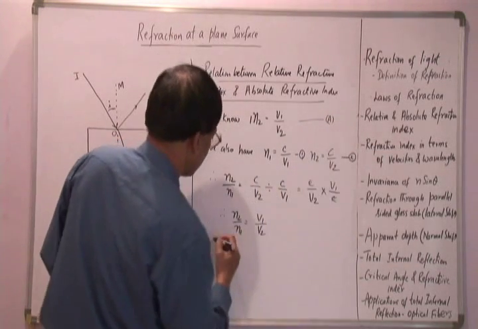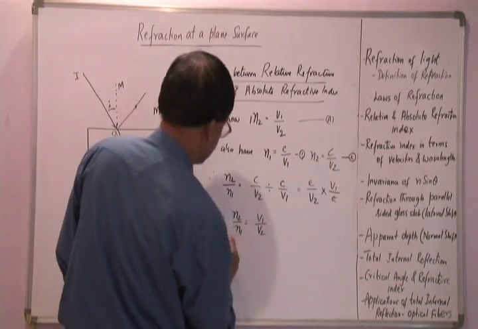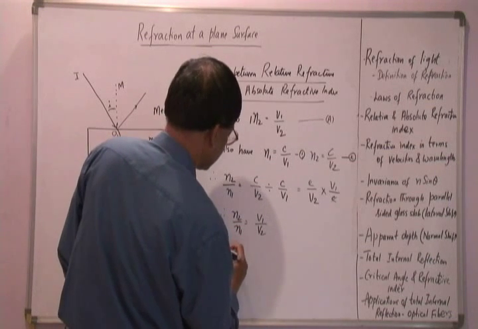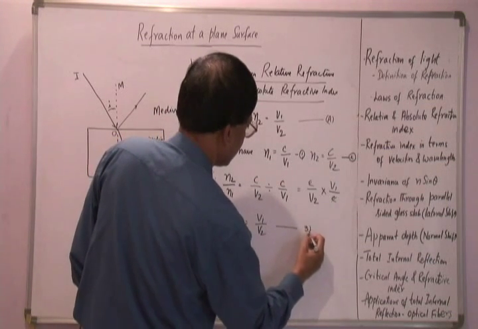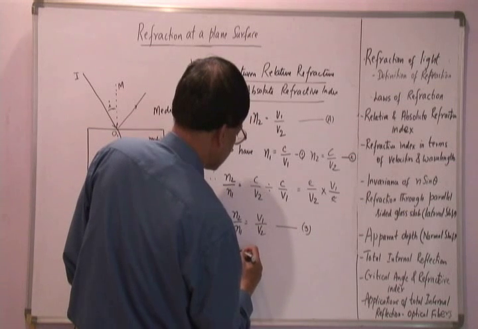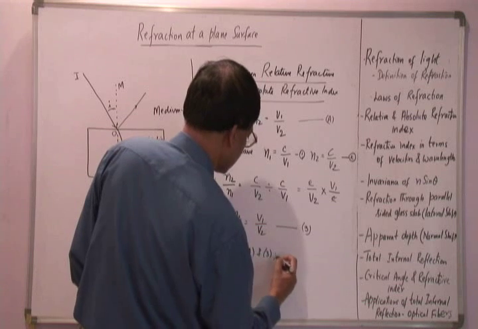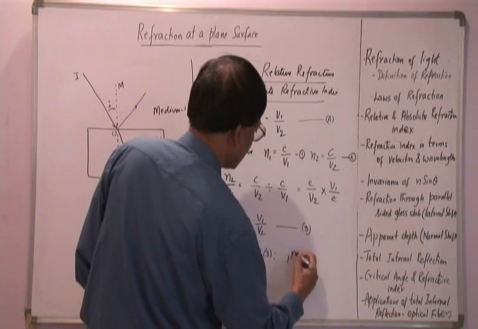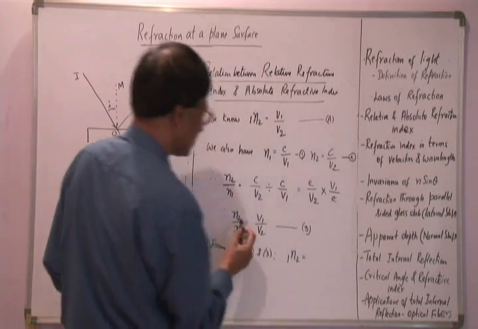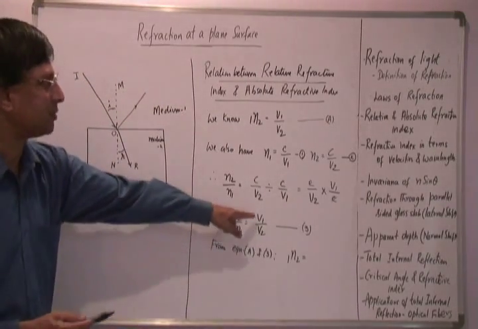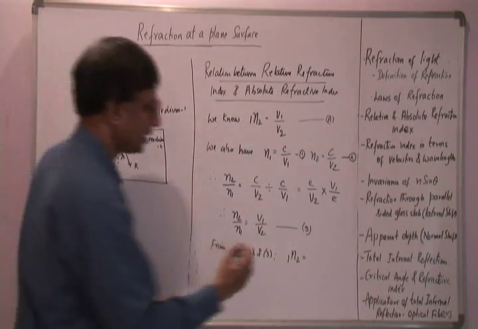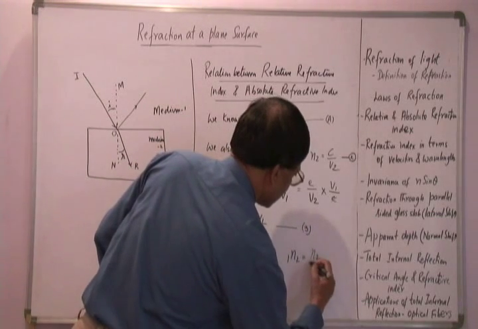I call this equation 3. From equations A and 3, I get n 1 and 2 is the same as V1 by V2, and substituting V1 by V2 with n2 by n1, you get n2 by n1.